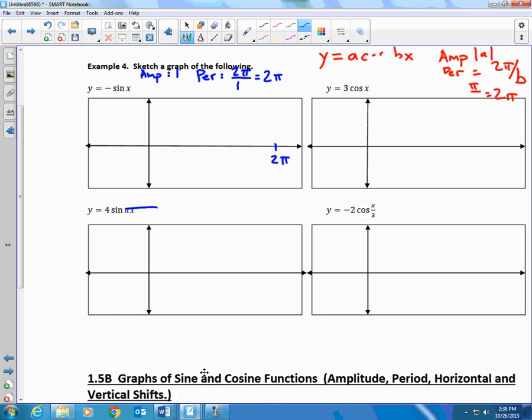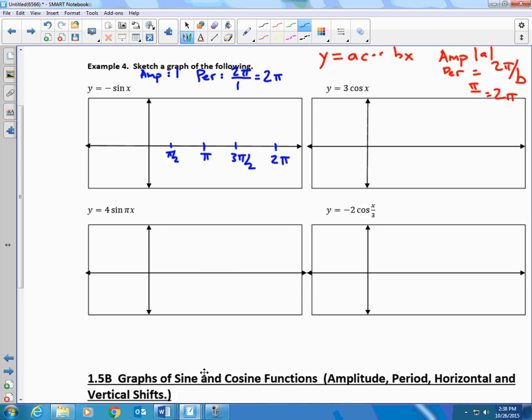Half of 2 pi is pi. Half of pi is pi over 2. I will count: 1 pi over 2, 2 pi over 2, 3 pi over 2. It won't always be 3 pi over 2. Your next one will do differently, but you can always count like that.